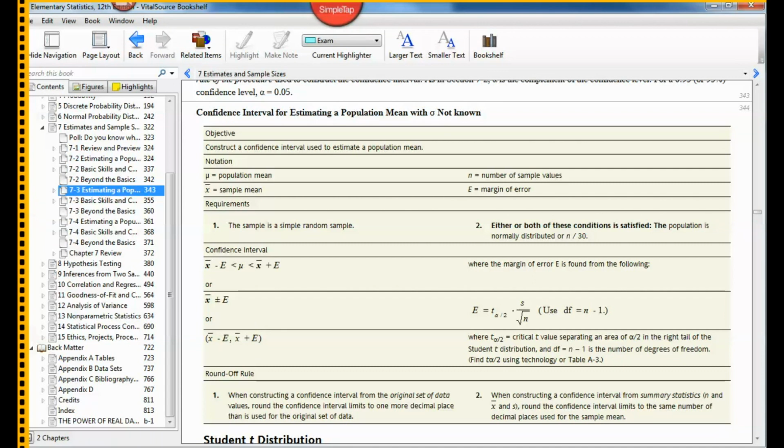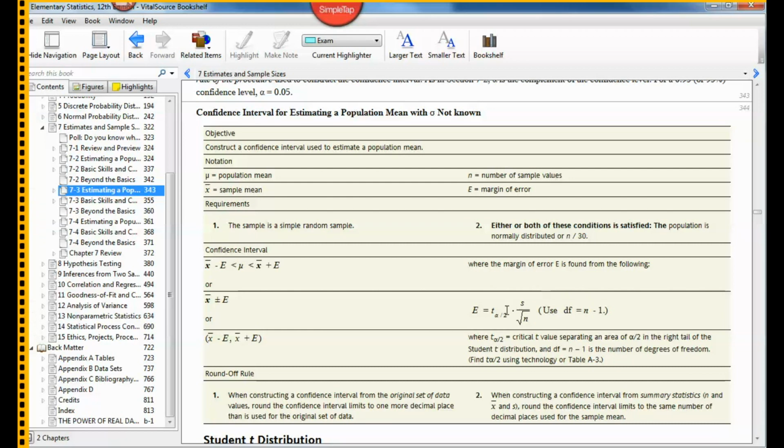So since this is a t-distribution, we have x bar minus the margin of error is less than the population mean is less than x bar plus the margin of error. Now we're going to have to find x bar for the set of data. We just need to look at the set of data and find the mean. That's going to be our x bar.